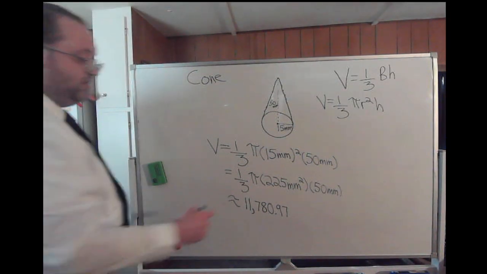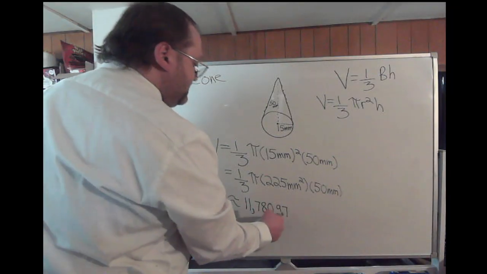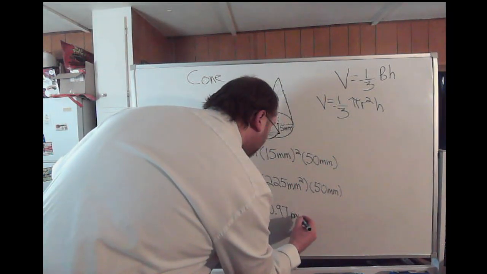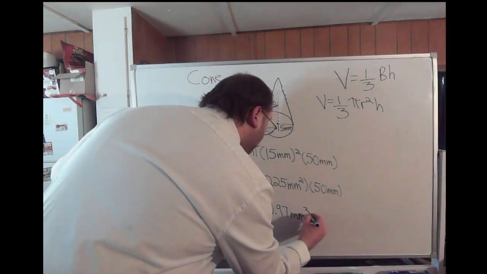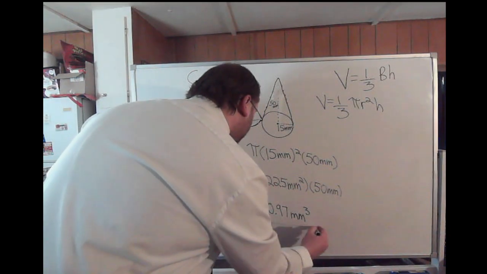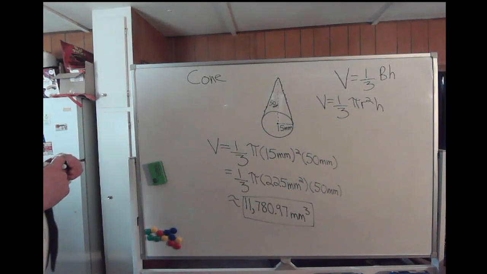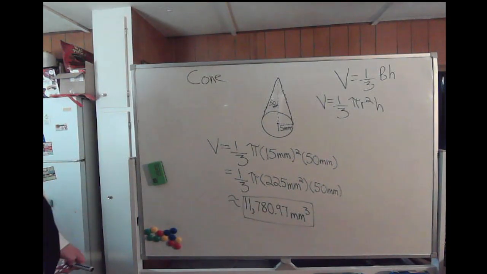So you have 11,780.97 millimeters squared times millimeters, which is millimeters cubed. So the volume of this cone is 11,780.97 cubic millimeters.